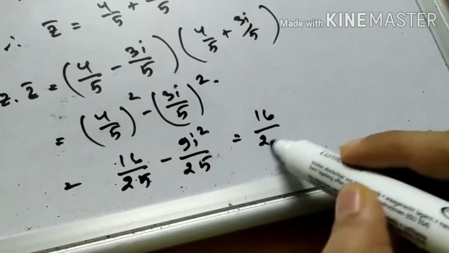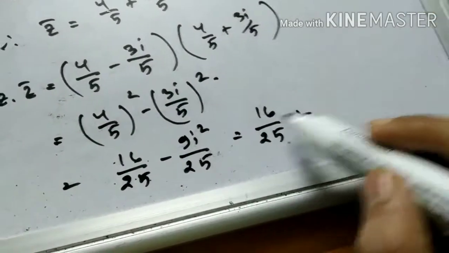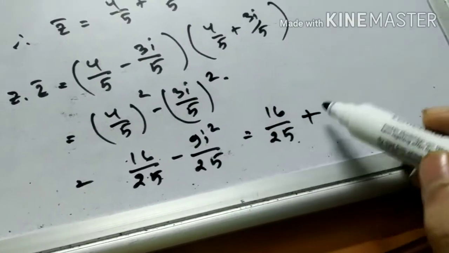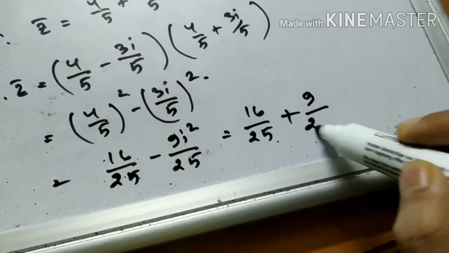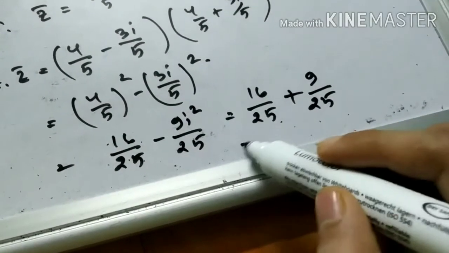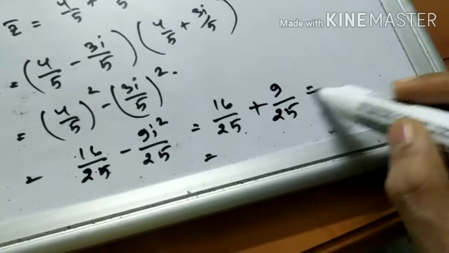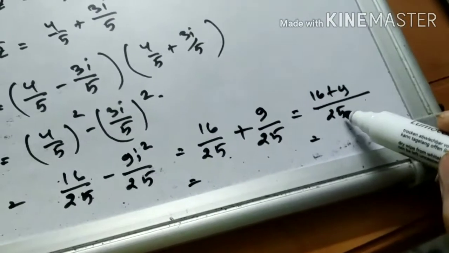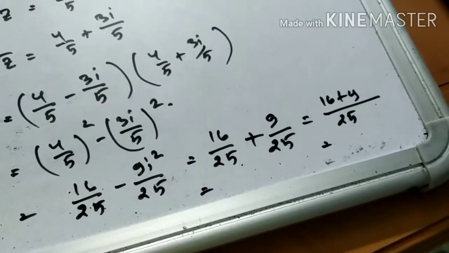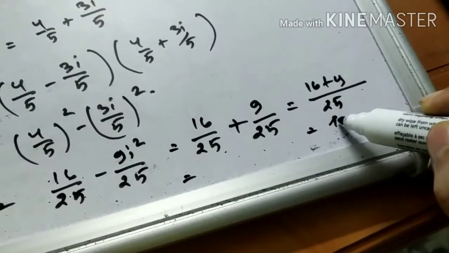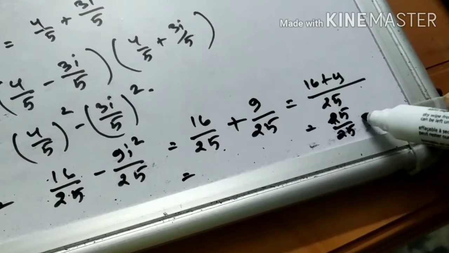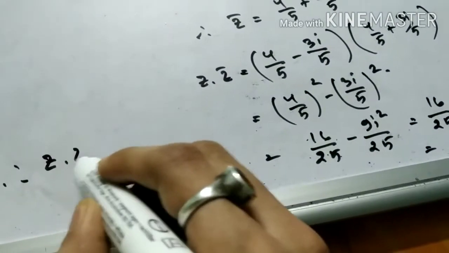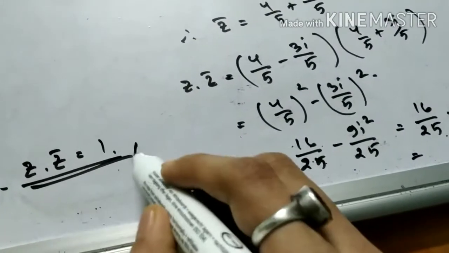It becomes plus because i square is minus 1, so 9 into minus 1 gives plus 9 by 25. Taking the LCM, 25, 16 plus 9 is 25, so 25 by 25 is equal to 1. Therefore Z into Z bar is equal to 1. Solved.